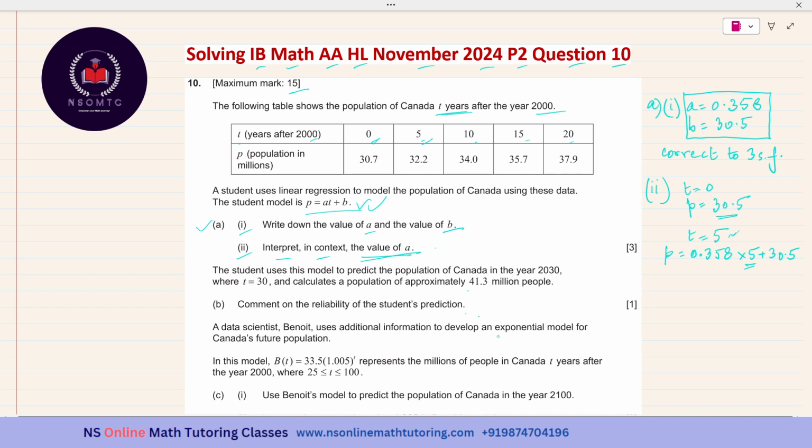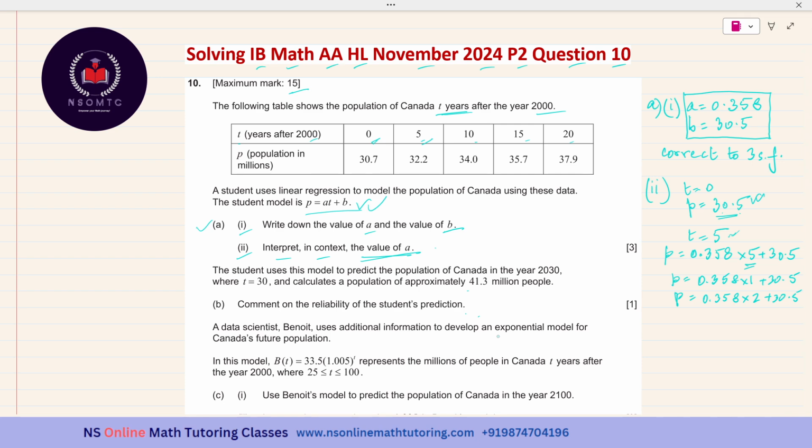So after 1 year, what would the population be? It would have been P equal to 0.358 times 1 plus 30.5. After 2 years, it should have been 0.358 times 2 plus 30.5. So what is the difference? First time it was just 30.5.